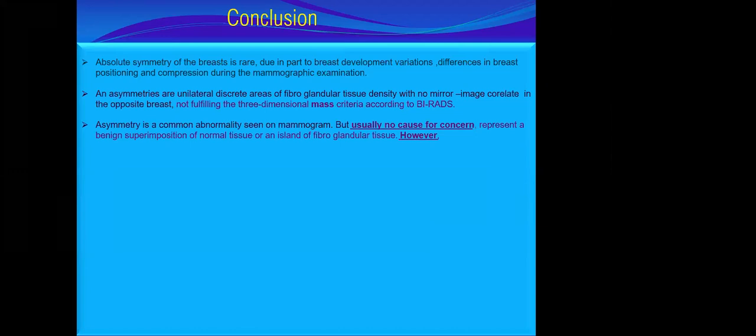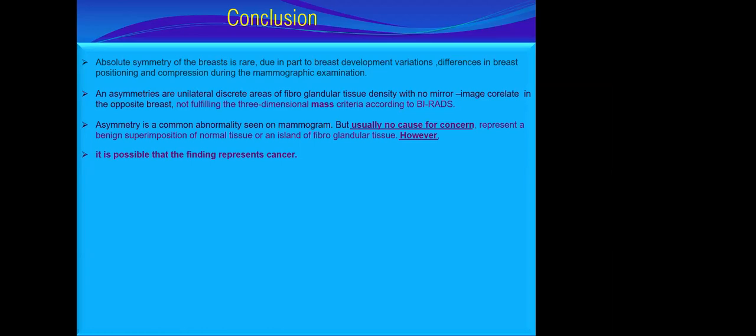And asymmetries are a unilateral discrete area of fibroglandular tissue density with no mirror image correlate in the opposite breast, and it is not fulfilling the criteria of a mass according to BI-RADS. Asymmetry is a common finding from both screening and diagnostic mammography, but usually is of no concern, representing only superimposition of normal tissue or an island of fibroglandular tissue.